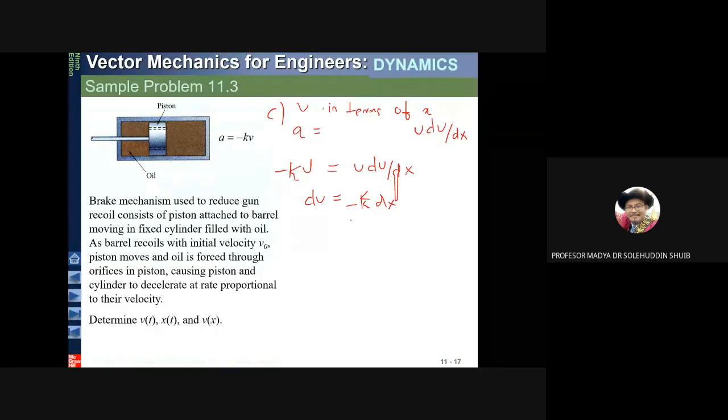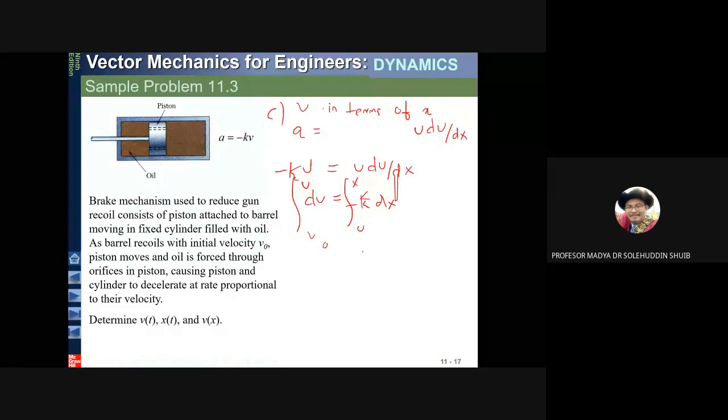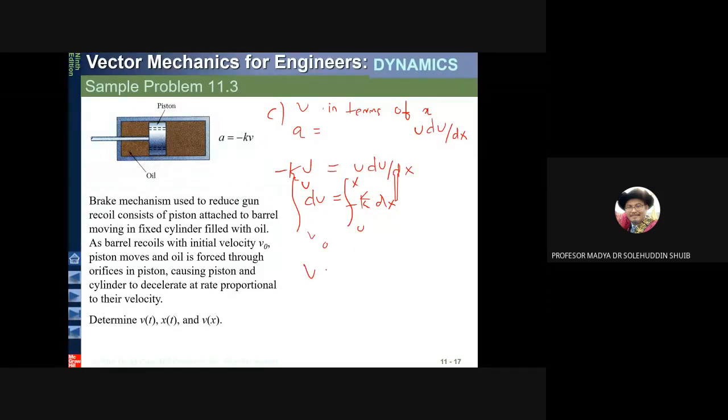Then you integrate both sides, v dot to v, and minus k, 0 to x. So what you're going to get is v minus v dot equal to minus kx.